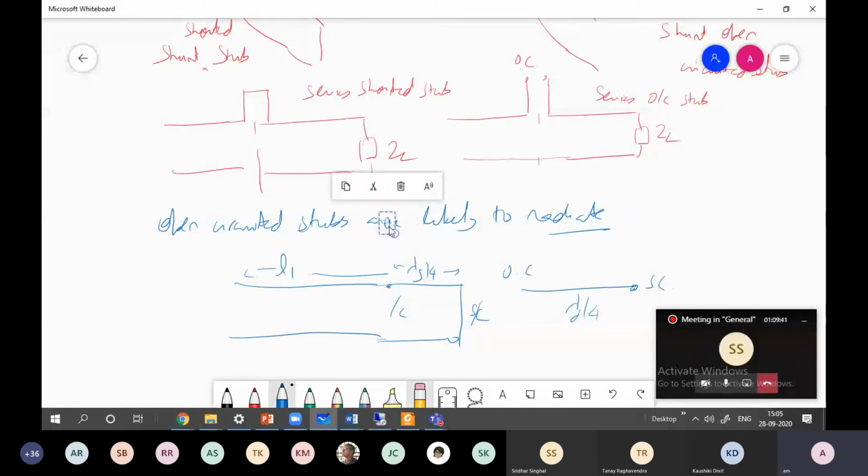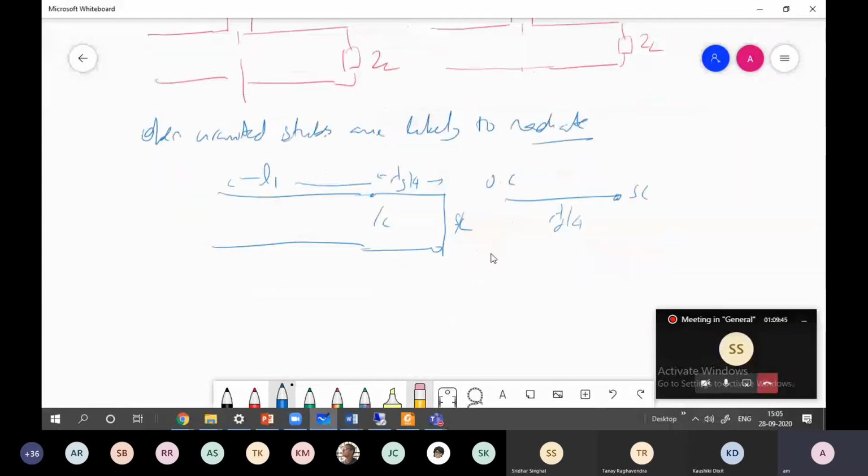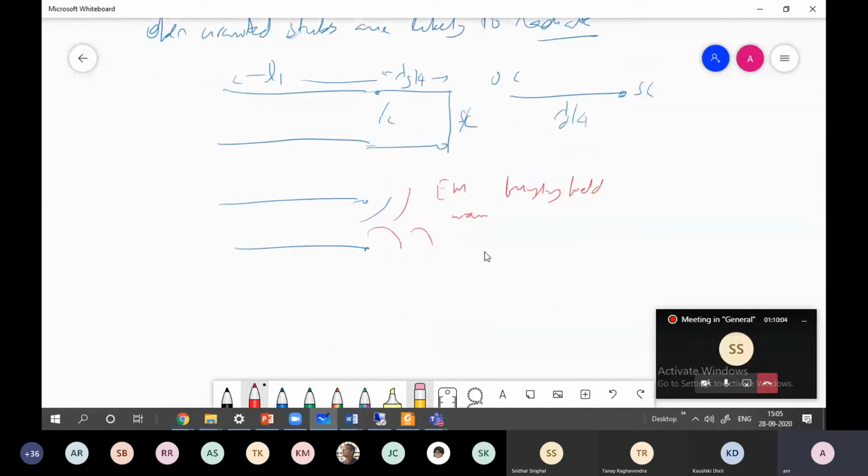So the basic thing we are doing is adding a load instead of leaving it alone. If you leave it alone, it is likely to radiate. Your EM wave will be there, some of it lesser. These are called fringing fields. But if I connect a short circuited stub, it should see Zn infinite.